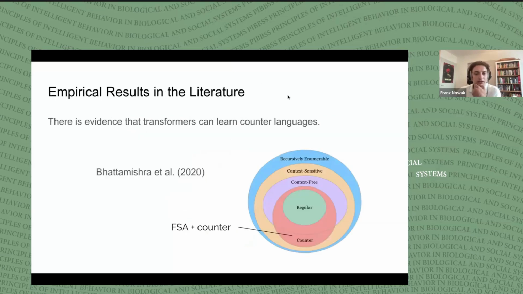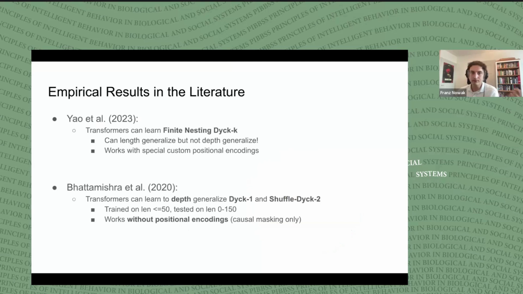Now, there has been some literature on what transformers are able to do in this formal language world. There was a study in 2020 that showed that finite state machines can be learned by transformers under certain conditions, and they can also represent counters potentially. However, they didn't look into exactly how transformers do this, but they found empirically that counting is a possibility.